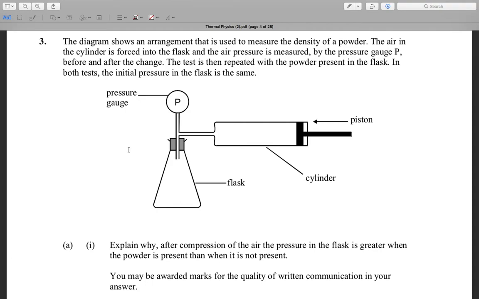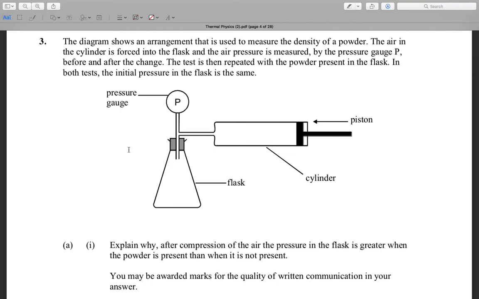The diagram shows an arrangement that is used to measure the density of powder. The air in the cylinder is forced into the flask, and the air pressure is measured by pressure gauge P before and after the change. The test is then repeated with the powder present in the flask. In both tests, the initial pressure in the flask is the same.